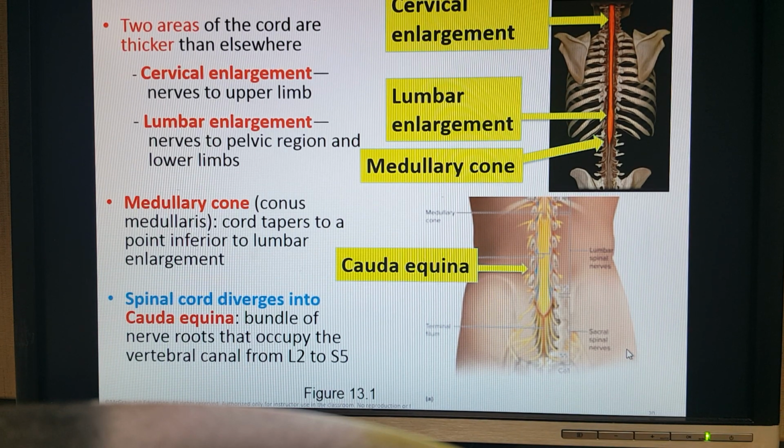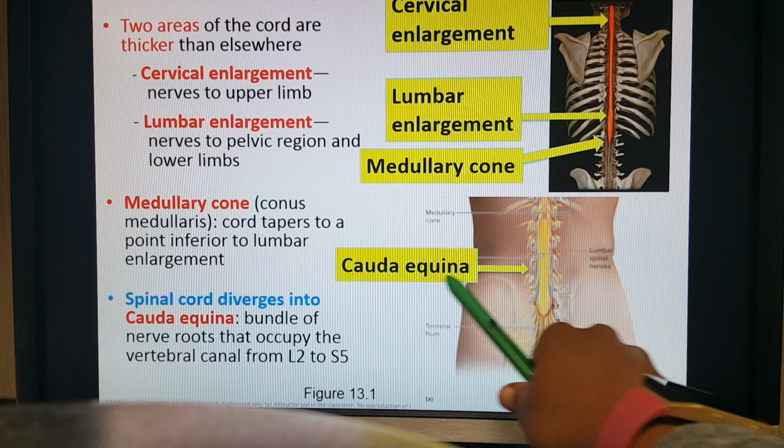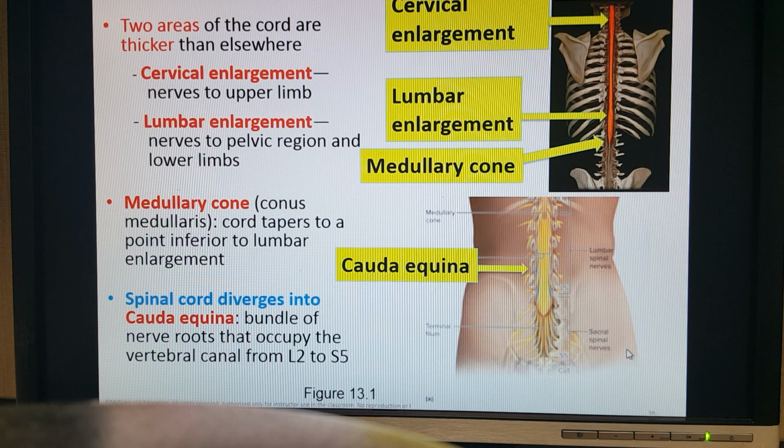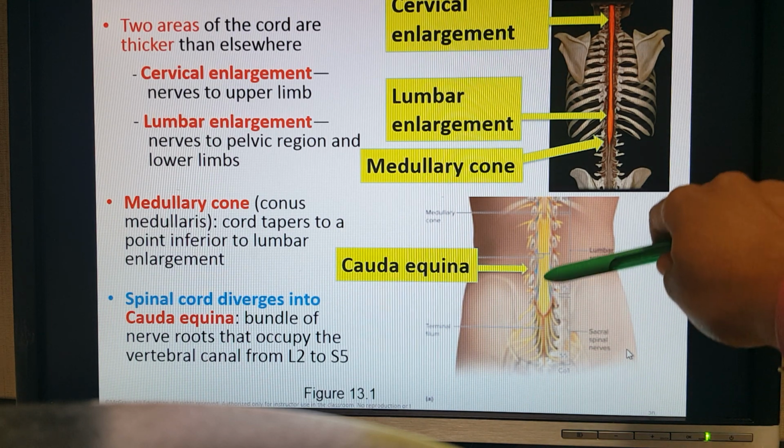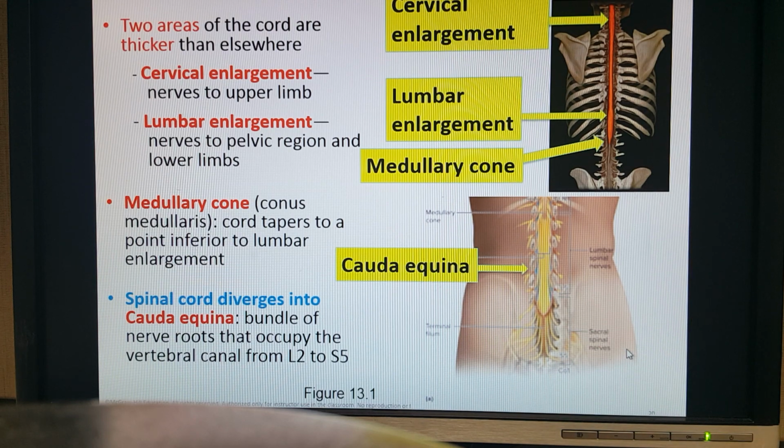Earlier I talked about the horse tail, same thing. Equina gets the horse part of that name. Those are just nerve roots that will occupy your lower part of your vertebral canal, going into our sacrum and then going through those holes in the sacrum. So that's what those holes are for in that bone.